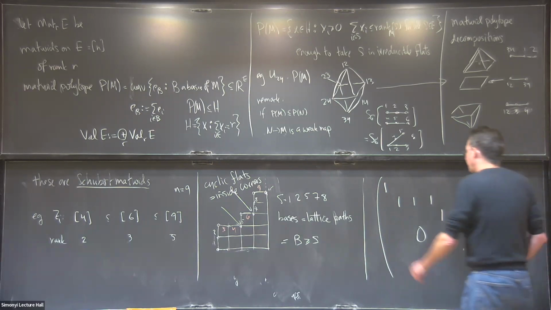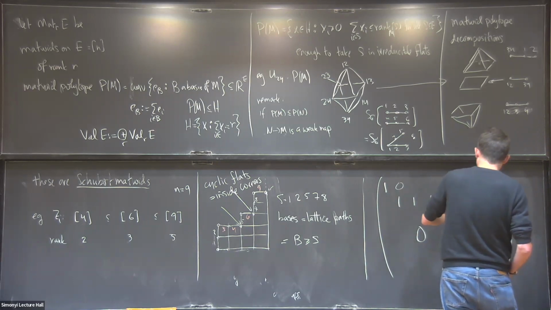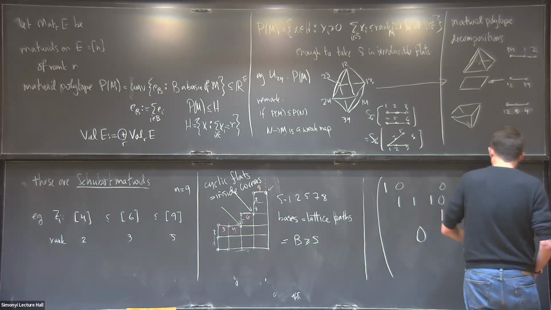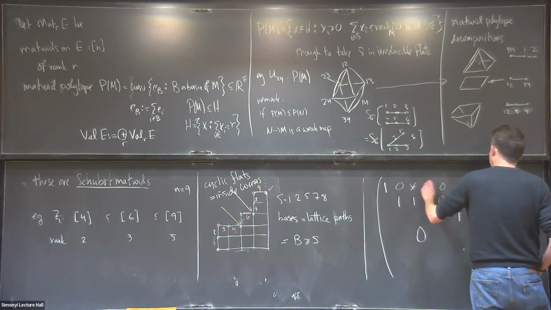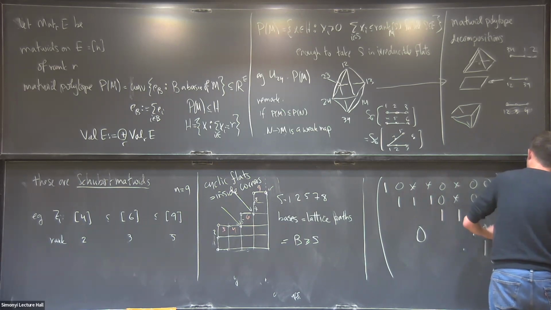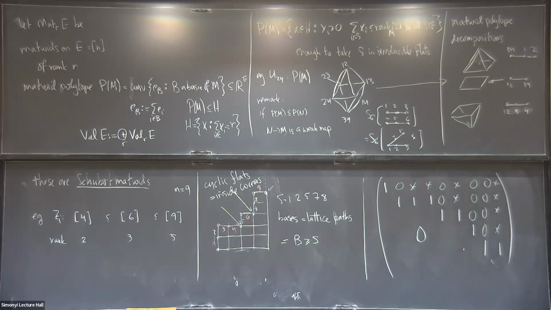You can pick out the maximal independent sets of columns by, I think I didn't do it right, did I? Oh, maybe I did. I need to pick a collection of 5 columns.